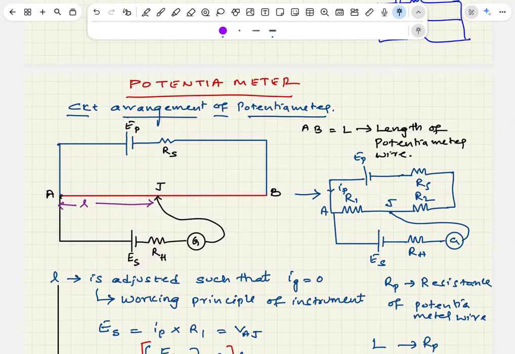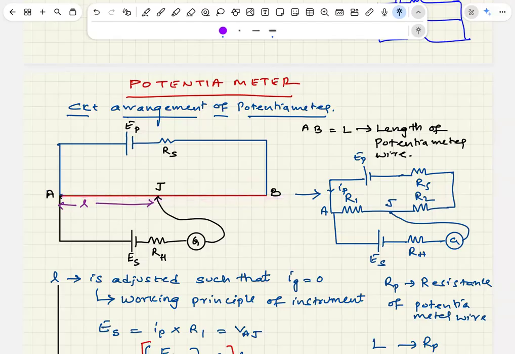Why? If you are not agreeing to this condition, which means the drop across this is lesser than the drop across this, even if you place the jockey here, you won't find a condition where the net EMF is zero and the galvanometer shows zero deflection as you move from A to B.